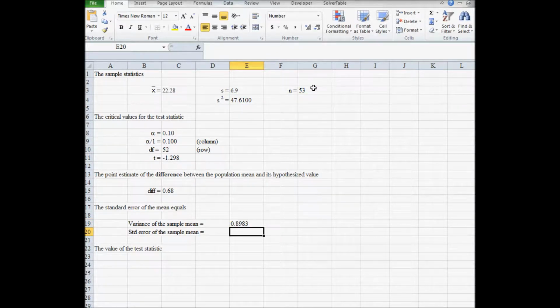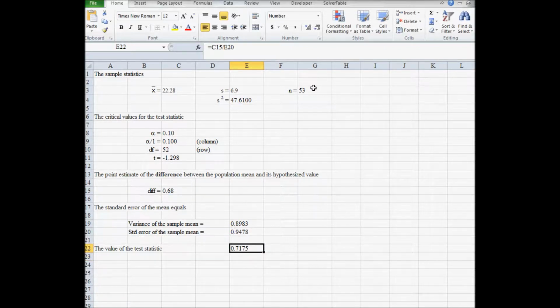The standard deviation, or standard error, of the mean is the square root of the variance of the sample mean. The value of the test statistic is the ratio of the point estimate of the difference and the standard error.